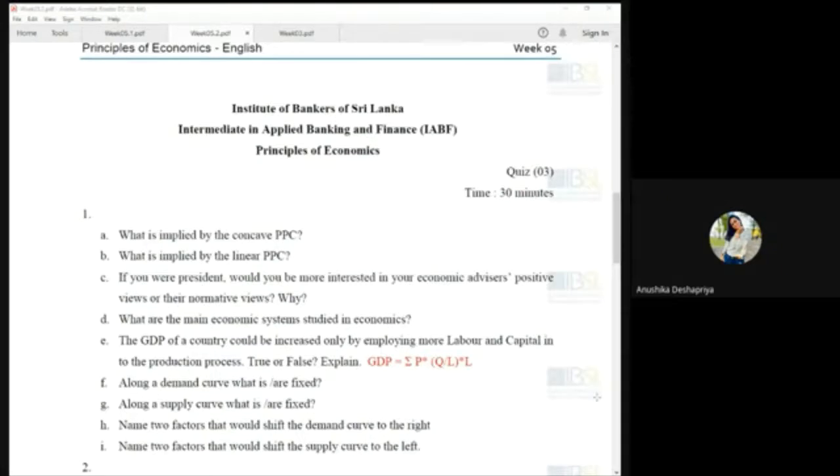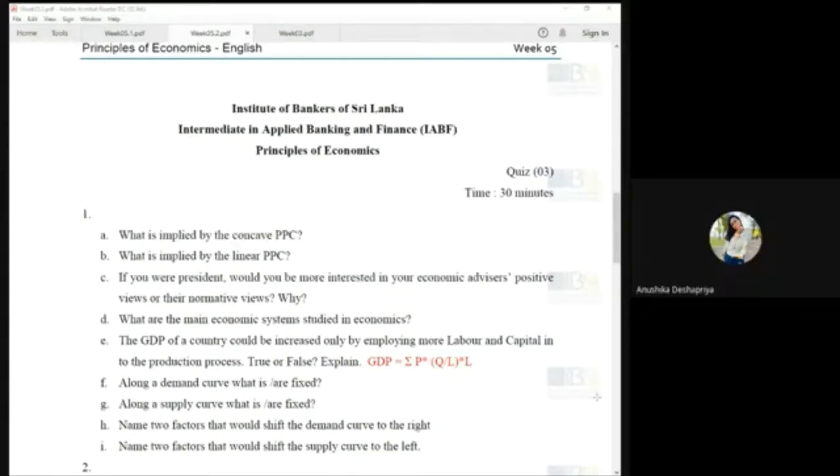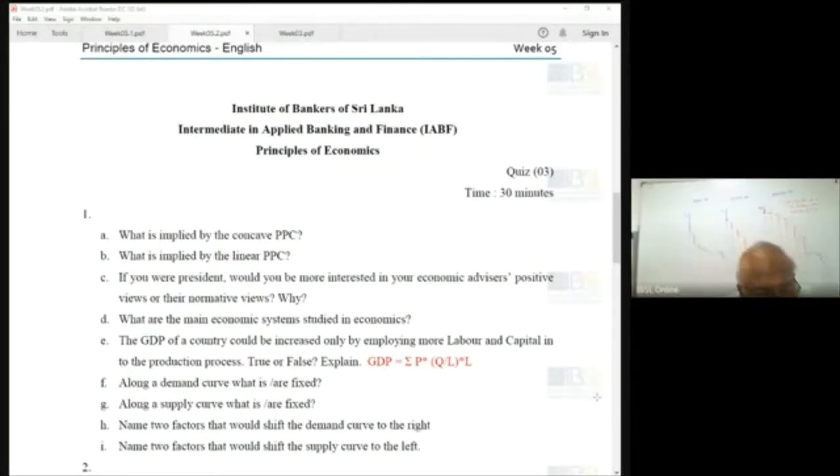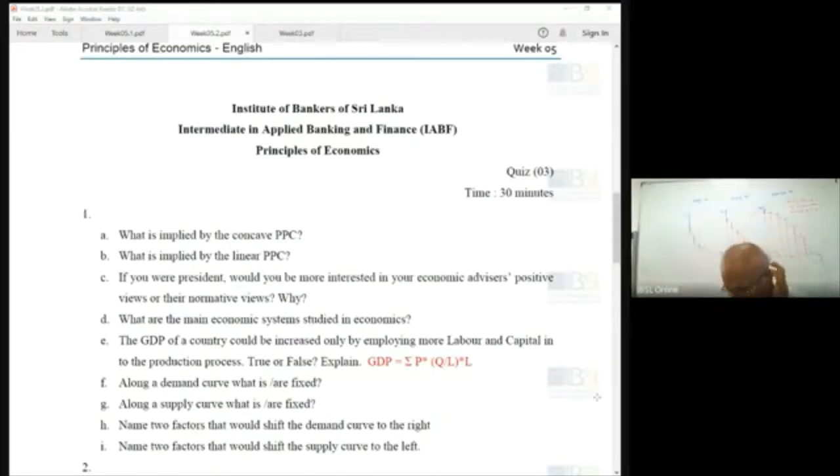We can increase exports, you say. Exports.